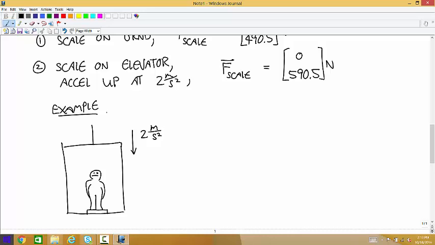So if it's moving down with an acceleration of 2 meters per second squared, velocity and acceleration are both in the same direction, and it's speeding up, going down. If the elevator is on its way up and the acceleration is down, that means it's on the way up, but it's slowing down.